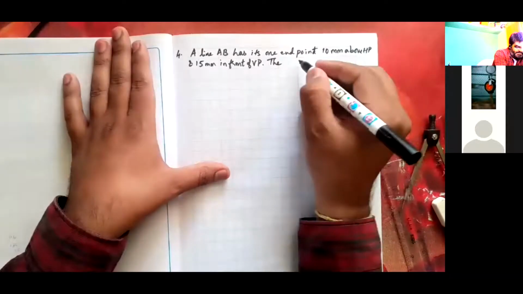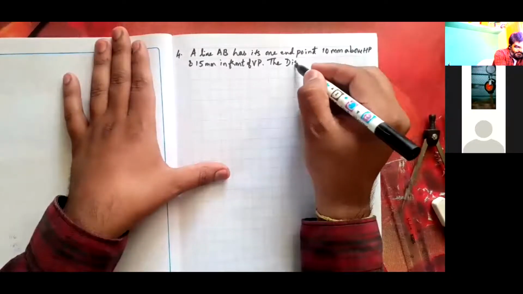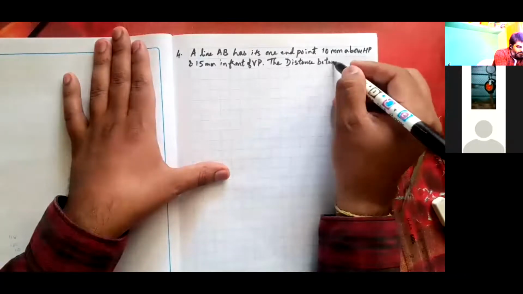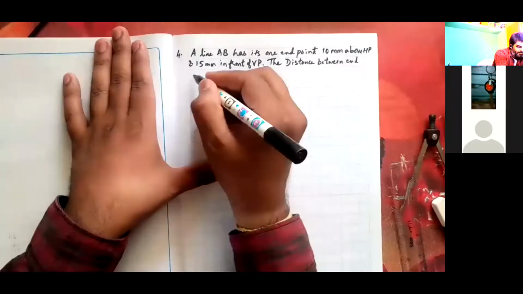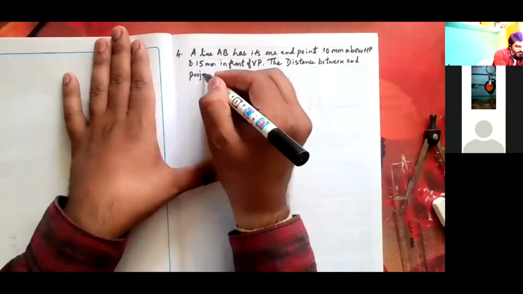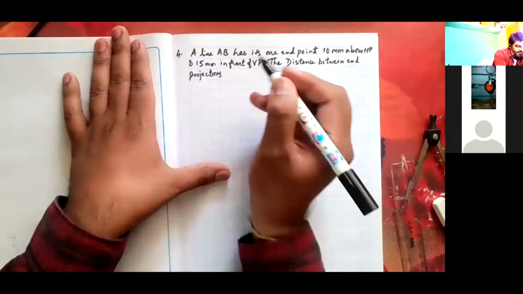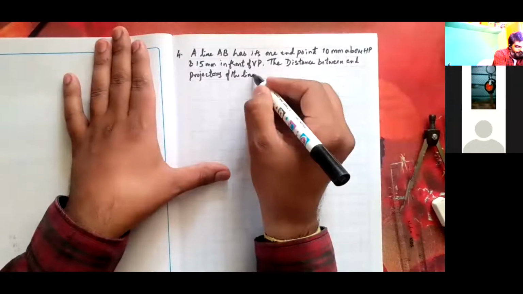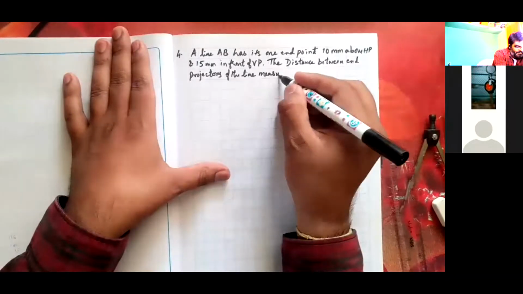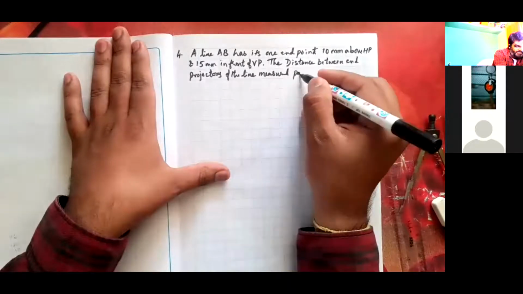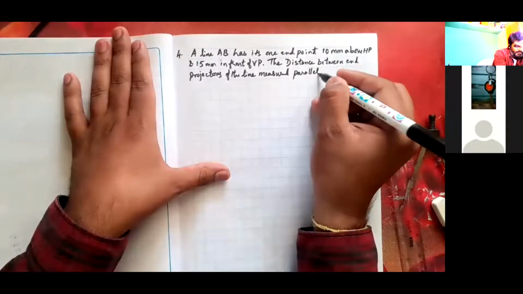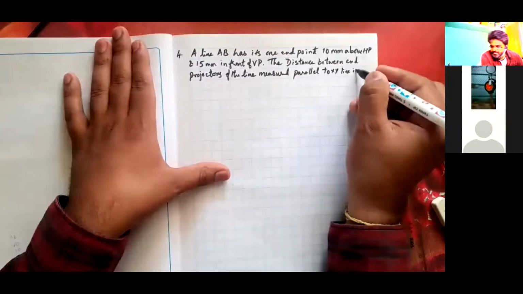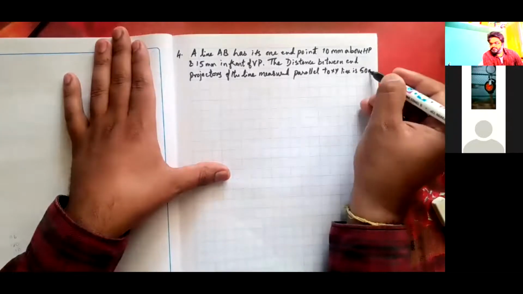The distance between end projectors of the line measured parallel to XY line is 50 mm.